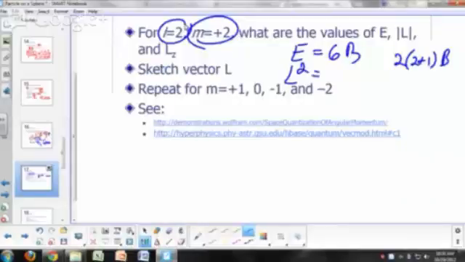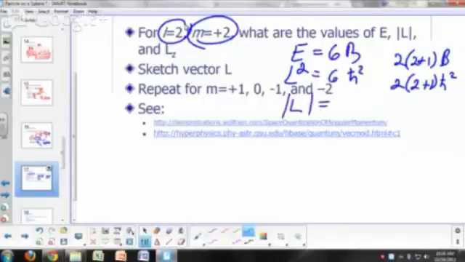It's L times L plus 1 times h bar squared, so it's going to be 6 h bar squared. So what is the magnitude of the angular momentum vector? Square root of 6 h bar. What is the z component of your angular momentum vector? It's going to be 2 h bar.